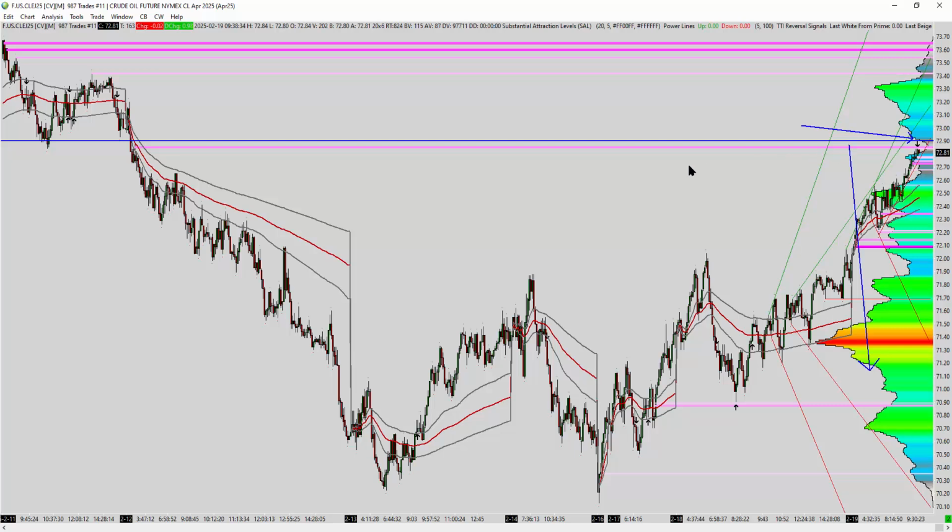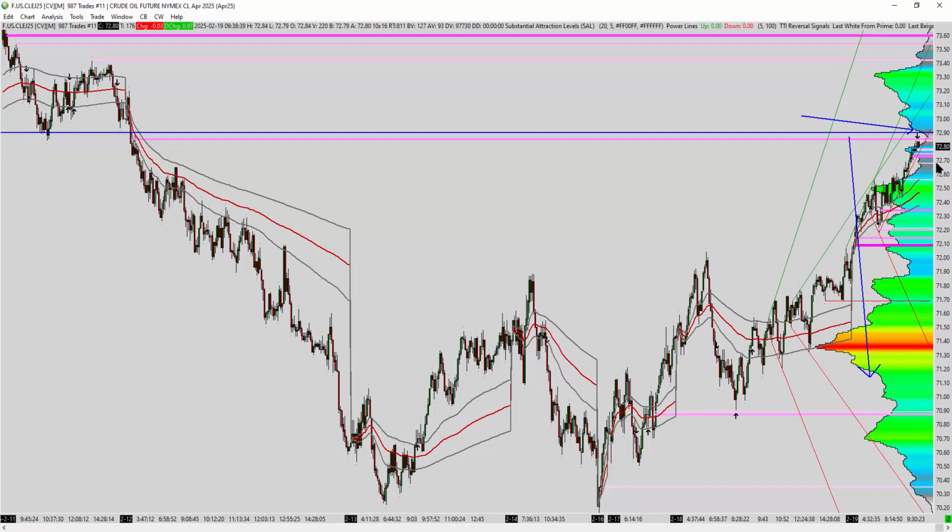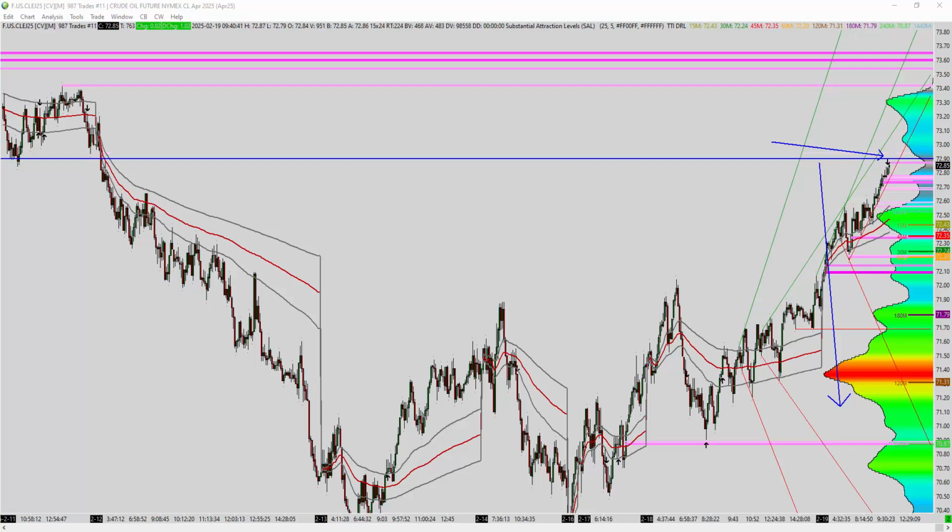Now, the rest is trade management. If you see the market is going down for, let's say, 200 ticks, then you manage it accordingly. I saw the market had an interest to break it and go higher, but not now. I expected it to come back down initially for a first target, which it did.